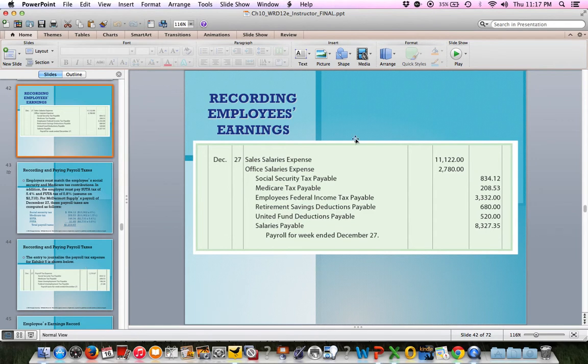So basically, the employer says we're going to pay our employees the $11,122 plus the $2,780, and then based on the various percentages and the withholdings, we're taking this much out in total from the payroll for the month, and the net pay to our employees, our net paychecks, is $8,327.35. So we're crediting the payable to show that this is what we will owe for the week.